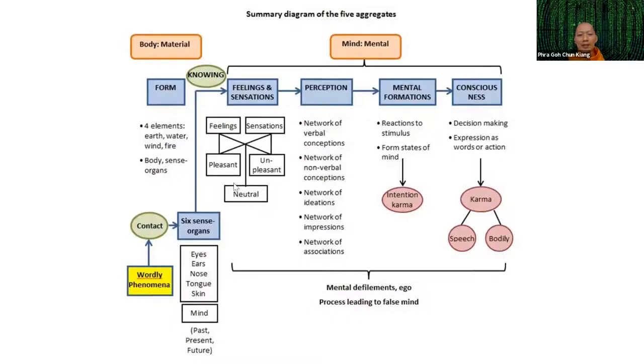And if it's neutral, there will be delusion. If you have greed, there's also delusion. If you have aversion, there's also delusion. So we call this the three poisons: greed, hatred, and delusion. Three kinds of cravings. And with these cravings, there's clinging.